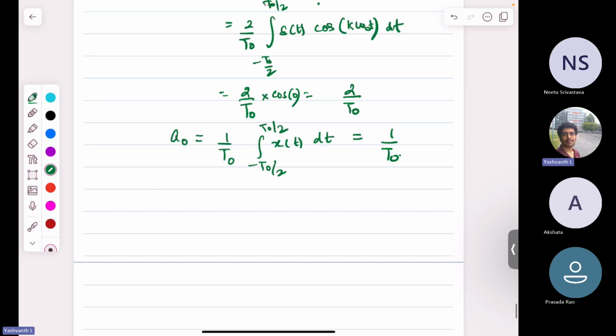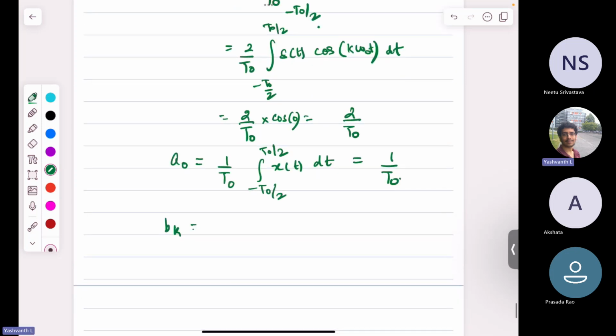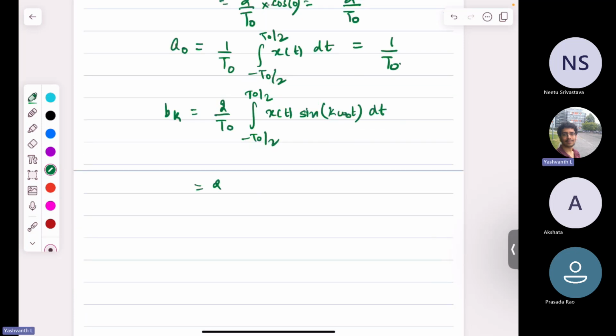Now, do you want to guess how to do BK? Same thing. BK is nothing but 2 by T naught integral from minus T naught by 2 to plus T naught by 2 of x of t into sine k omega naught t dt. In this range, there's only one term of x of t, which is delta of t into sine k omega naught t dt.